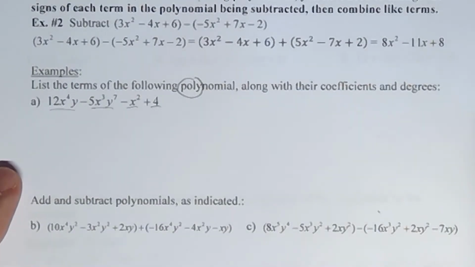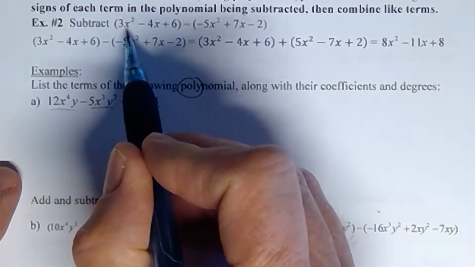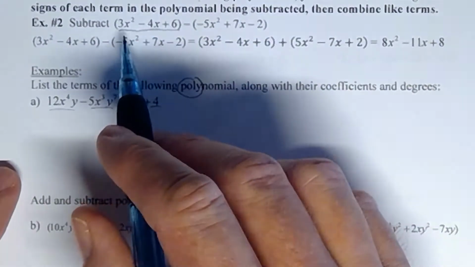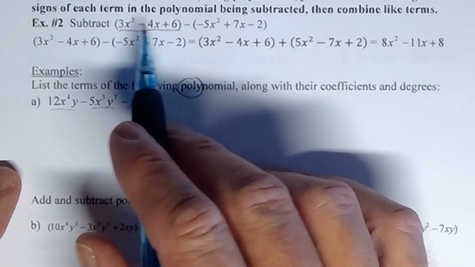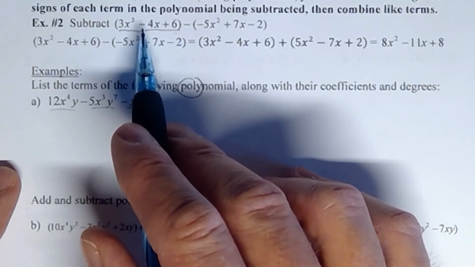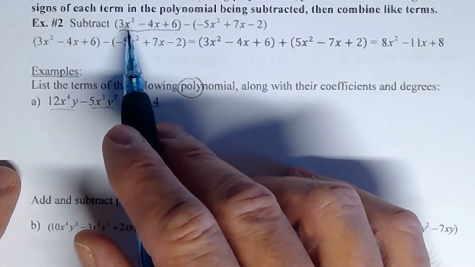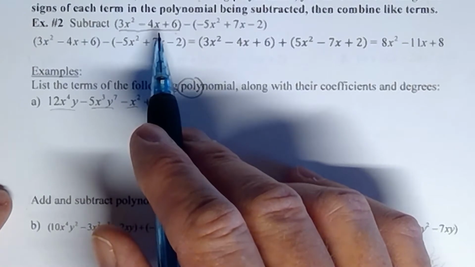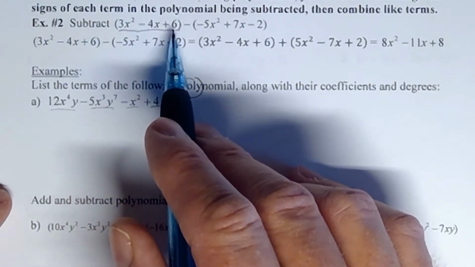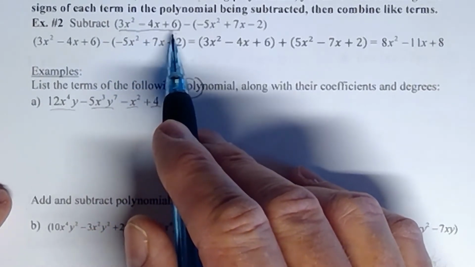All right. So if you look at this one right here, this is just part of a bigger problem, which we'll talk about in a little bit. But just look at the thing I underlined. See how you have 3 terms right there. And I know it's 3 because the minus and plus separates those 3 terms. So when somebody asks you, how many terms does this polynomial have right here?